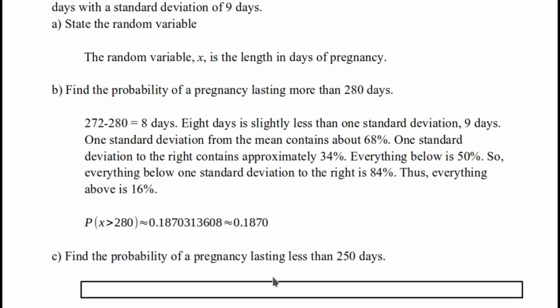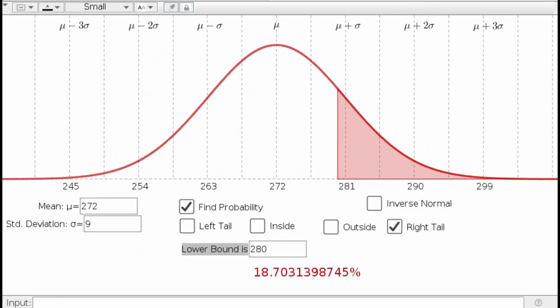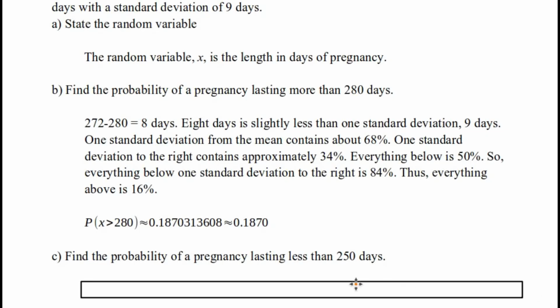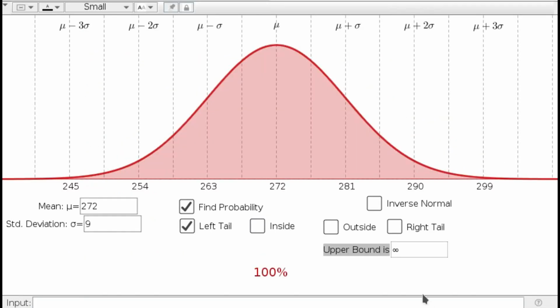Find the probability of a pregnancy lasting less than 250 days. Well, we've already got the mean and the standard deviation in. Now we're interested in a left tail because we're interested in it being less, and I've already forgotten, 250, less than 250 days. So let's go in and enter that. And it looks like the probability of being less than 250 is less than 1%.